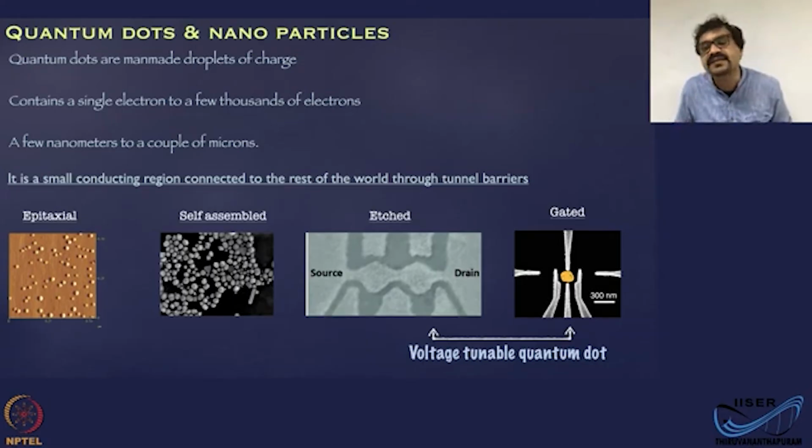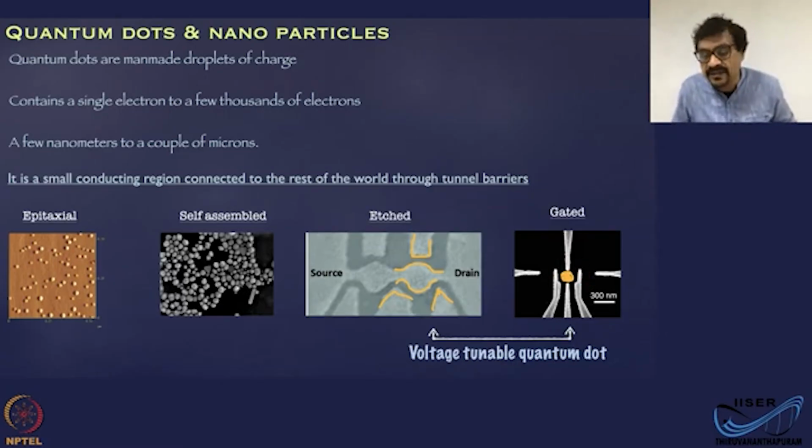You can tune the size and shape of this conducting region by tuning the voltages on these gates, and some level of tuning of the size and shape of the dot is also possible in these lithographically defined quantum dots too, where you can apply voltages to these gates and get some level of tuning of the electrical properties. But the gating technique is going to give you a completely tunable quantum dot.